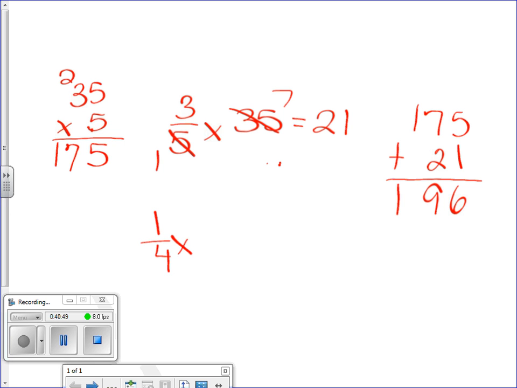1/4 of 196. So we end up with 196 over 4.